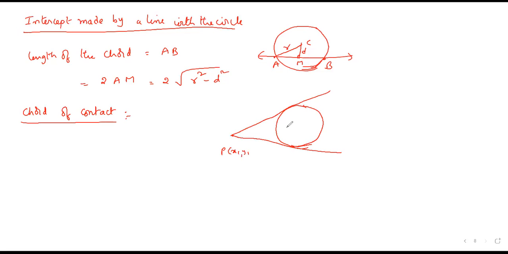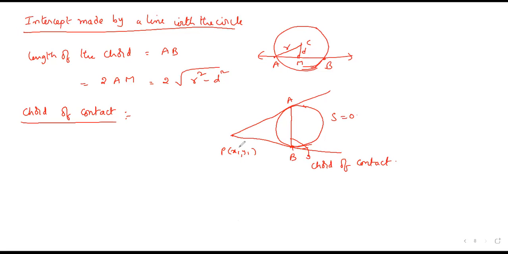Suppose these two tangents touch the circle at A and B, then the chord passing through A and B is called the chord of contact. So there will be one point P(x1, y1) and the circle S equals 0. You have to find the equation of the chord of contact AB.